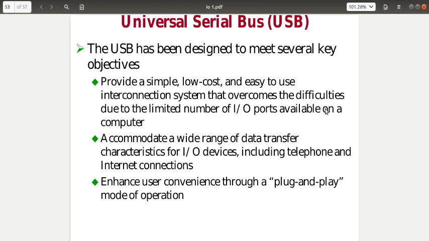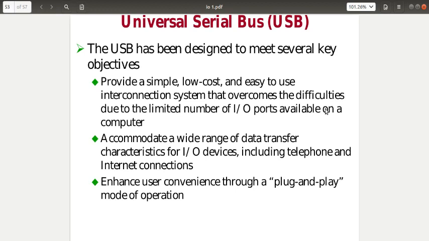USB, which is Universal Serial Bus. The main purpose of USB is to bring uniformity regarding the ports, because before USB was introduced and standardized in devices, each device had a separate type of port and it was difficult to manage.